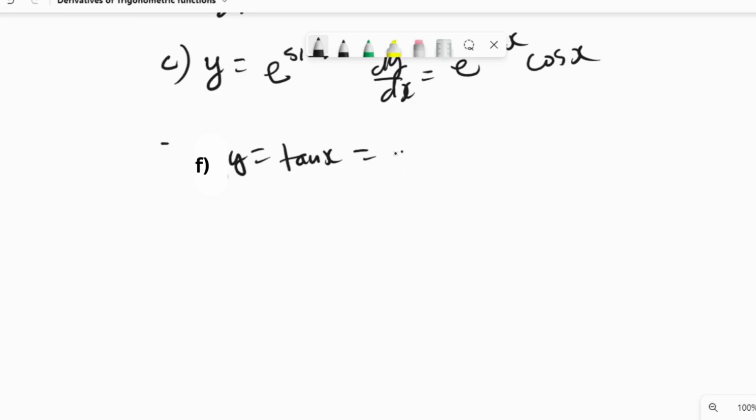So tan is sine x over cosine x. If I know sine x and cosine x, I can find the derivative of tan x.